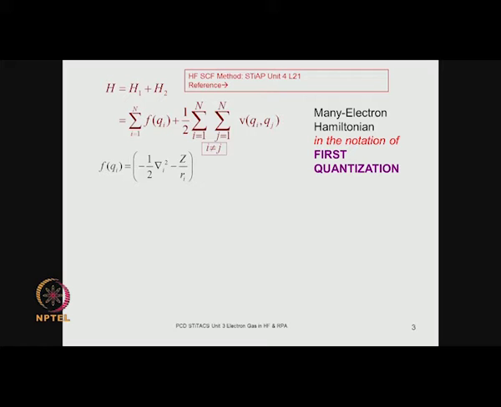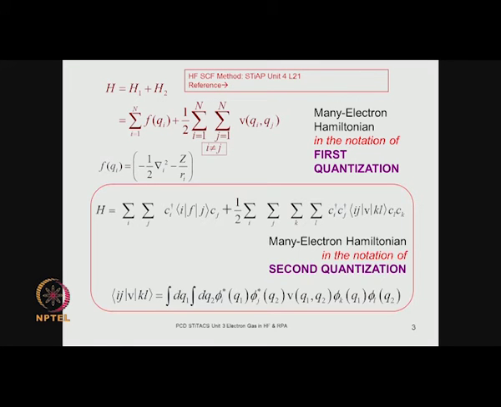The f(q_i)'s are the one particle operators which consist of the kinetic energy part and the nuclear attractive potential. Then you have the electron repulsion term between every pair of electrons, excluding i equal to j from this double summation over i and j going from 1 through n. This is the Hamiltonian as we worked with in the first quantized notation.